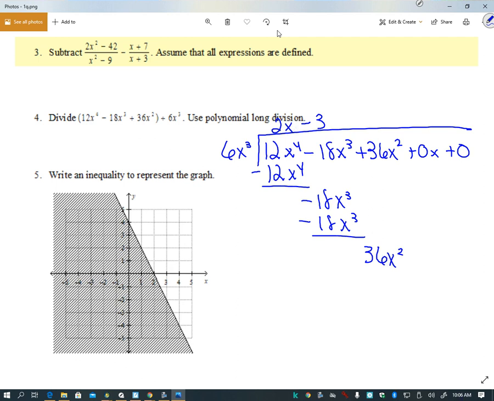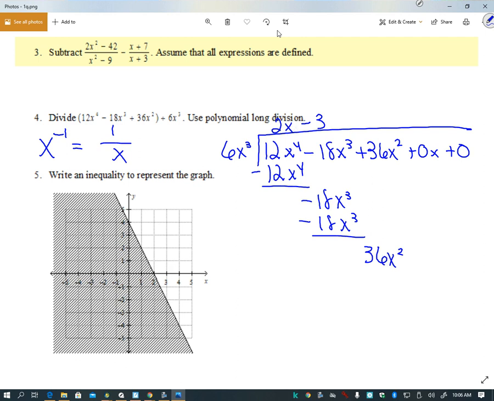So our big problem here is that we have an x cubed that we're trying to fit into an x squared. How can I make x cubed equal to x squared? Multiply it by x to the what? Negative 1. Now, x to the negative 1 is equal to what? 1 over x.